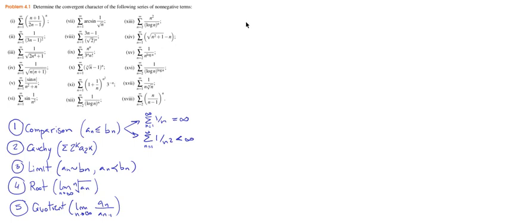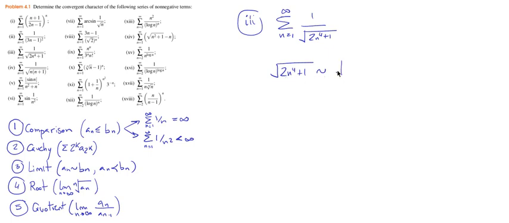Third, okay. This is the sum from n equals 1 to infinity of 1 over the square root of 2n to the 4th plus 1. Now, again, the easy thing to say is that the square root of 2n to the 4th plus 1 is asymptotically equivalent to the square root of 2n to the 4th, right?